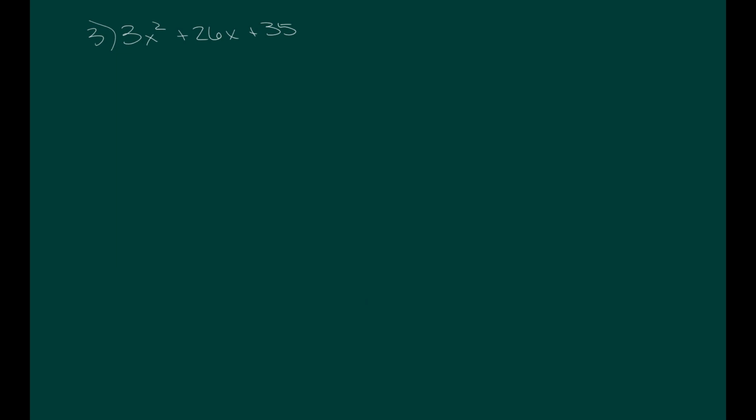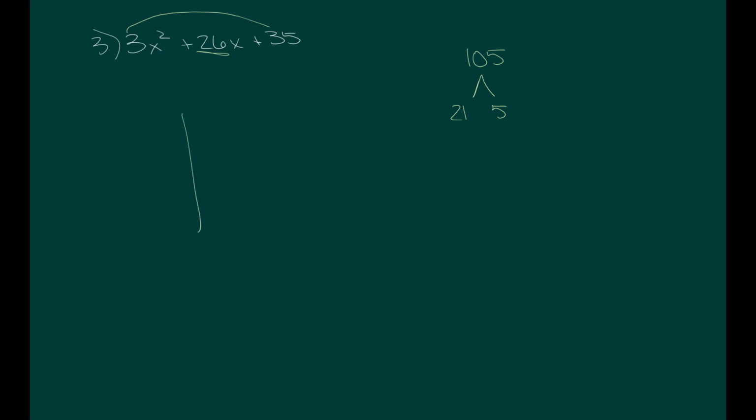In this problem, 3x squared plus 26x plus 35, there is no greatest common factor. So I'm going to multiply the 3 times the 35, and that would give me 105. So what are factors of 105 that add together to give me 26? 21 and 5. So I'm going to draw my box.